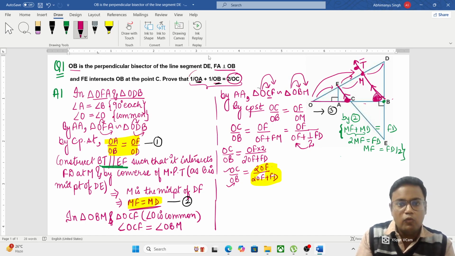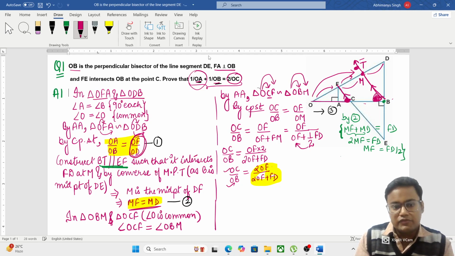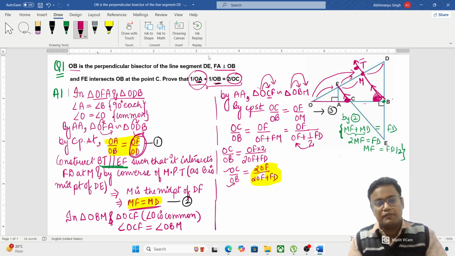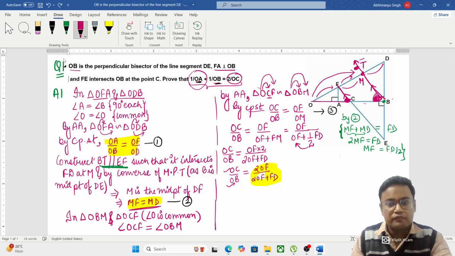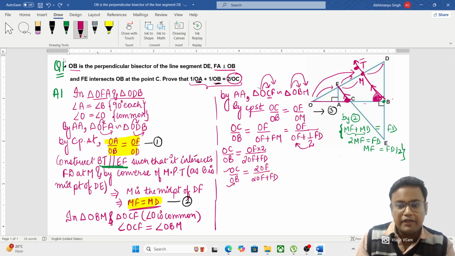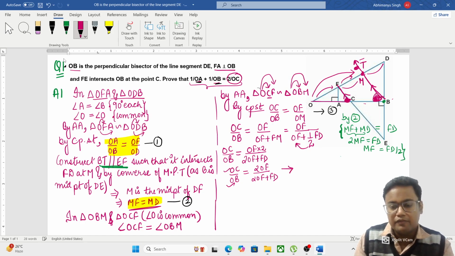What do we want? We want OA, right? And instead of OF and FD, I can see here from expression number 1, OF upon OD is something given to us, OA upon OB. So I can get the same thing back here. How? Let us try to refine it further. I will write this by flipping both sides of the equation: OB upon OC equals twice of OF plus FD upon twice of OF.